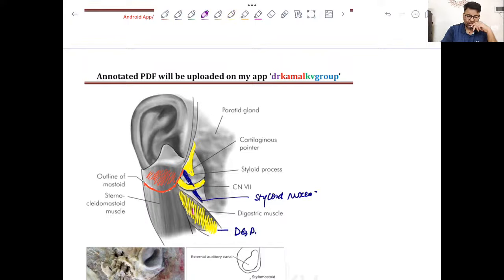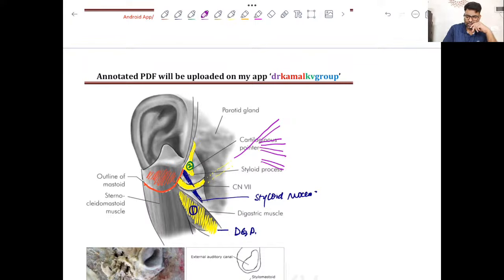Number one is the posterior belly of digastric. Number two is the tragal pointer, and third, the branches of the facial nerve, because when it travels through the substance of the parotid gland, it divides into its 5 branches, right?